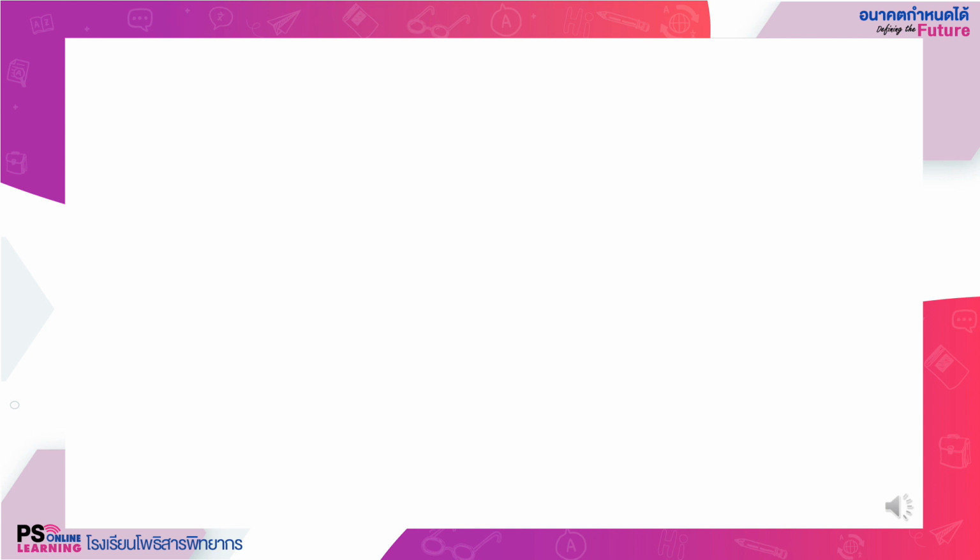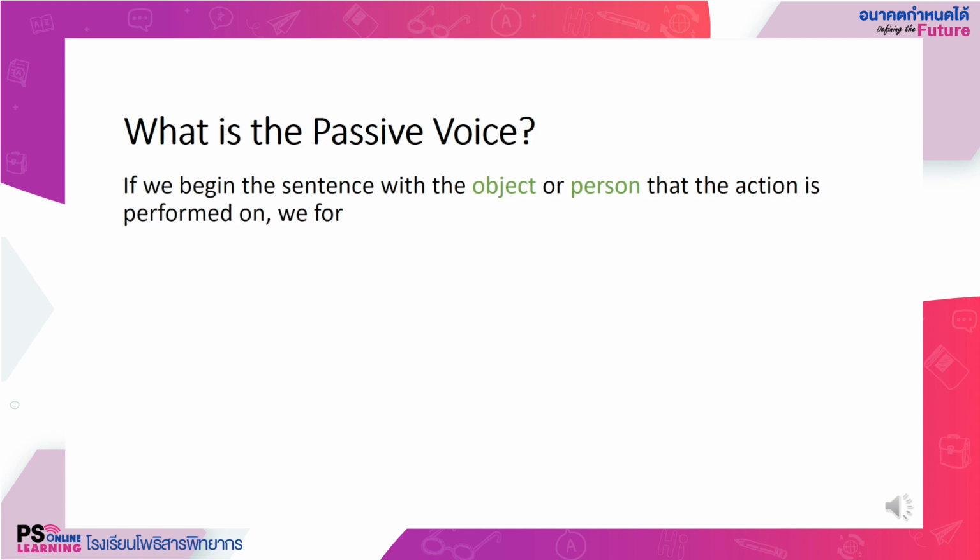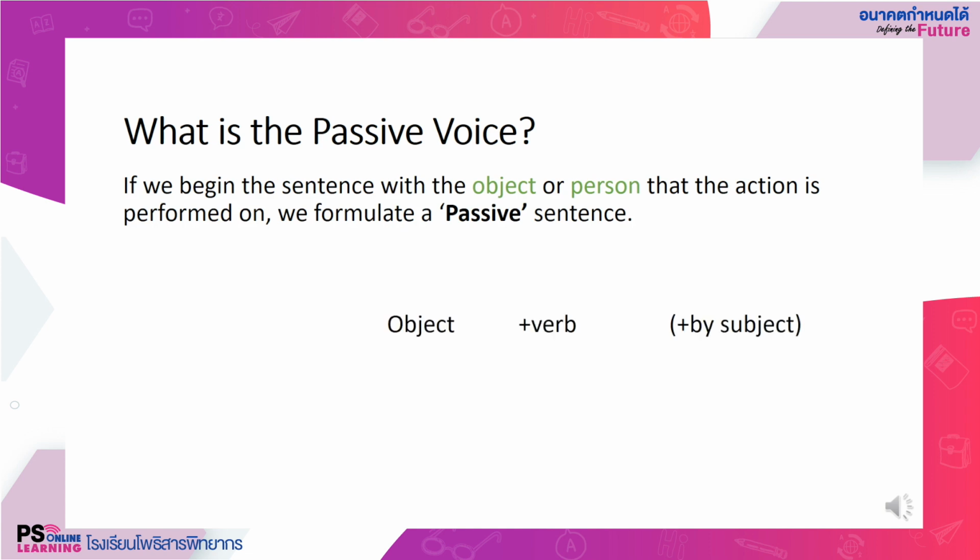Alright, now let's see how we can make a passive voice and what a passive voice is. If we begin the sentence with the object or person that the action is performed on, we formulate a passive sentence. For example, if we have a structure like object plus verb plus by and the name of the subject, we would have a sentence like, the room was cleaned by John.